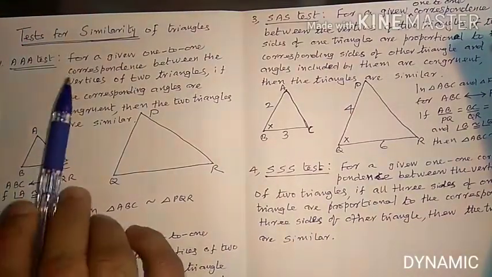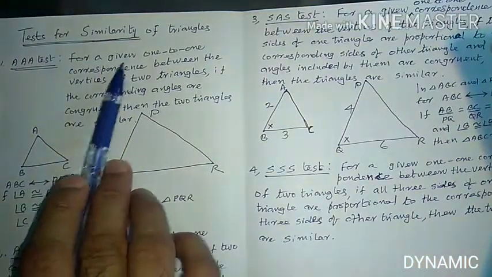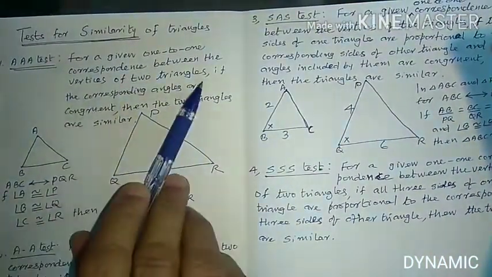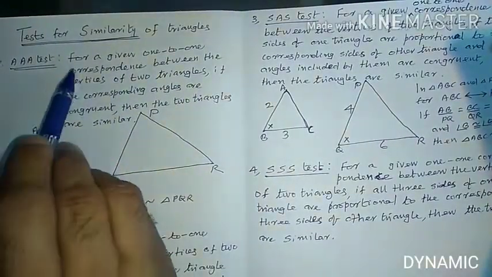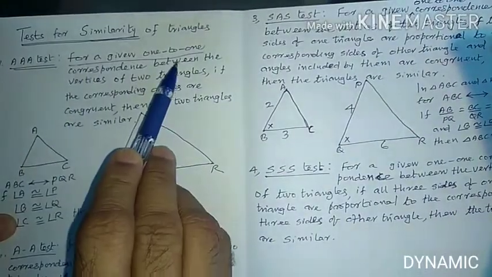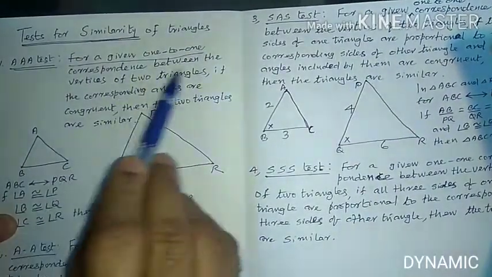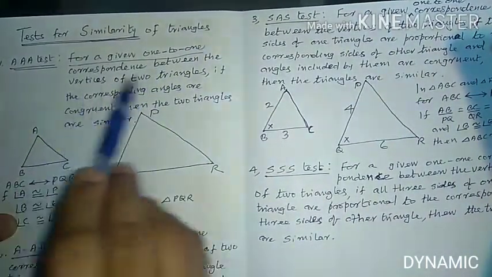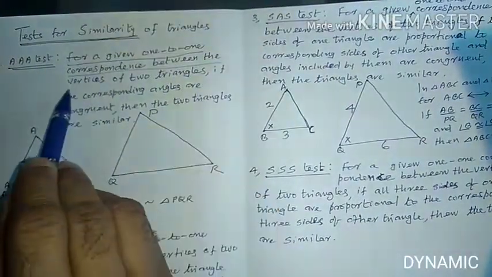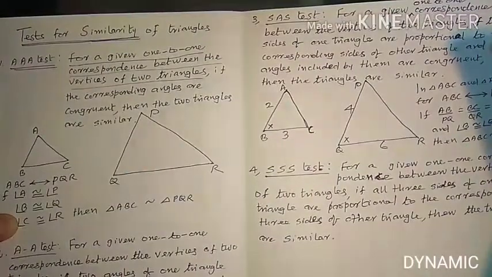It says like this: for a given one-to-one correspondence between the vertices of two triangles. This is common to all four tests. This you have to write in all the tests.